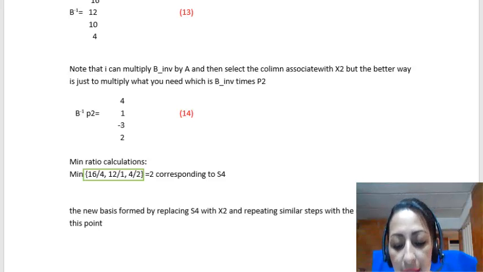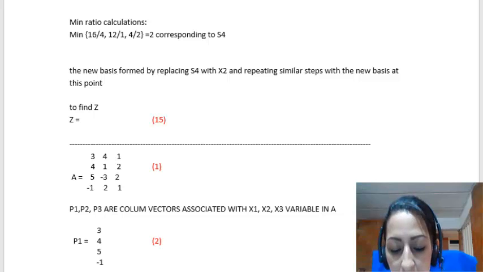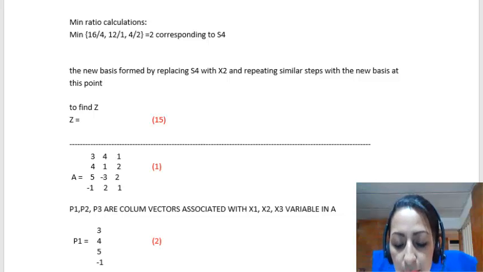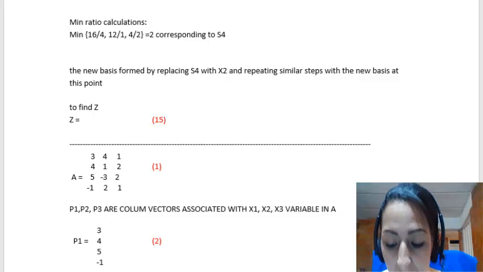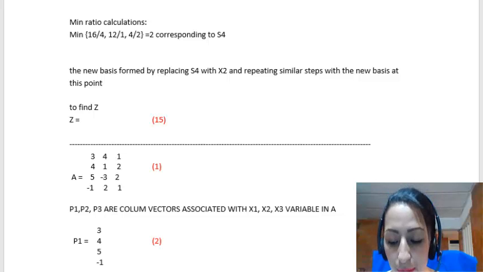So these are the ratios, and the minimum ratio here is 2, which corresponds to the last one, and that corresponds to S4. Therefore, x2 is going to enter the basis replacing S4.